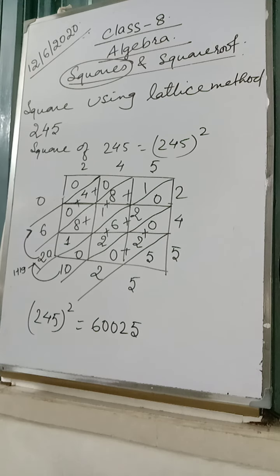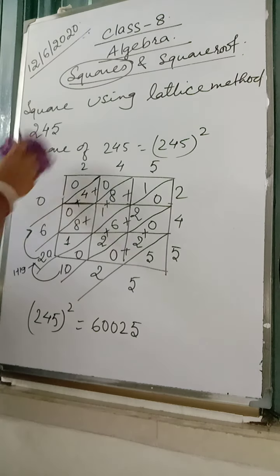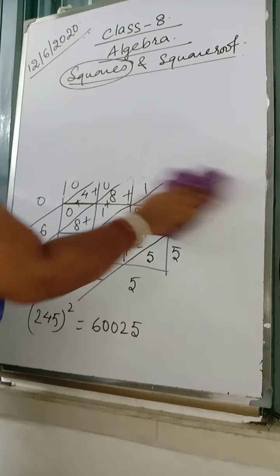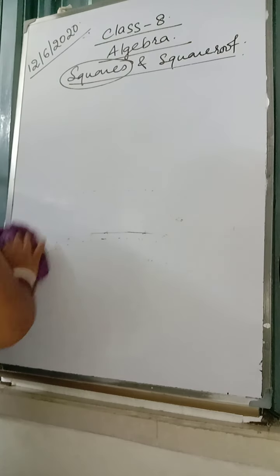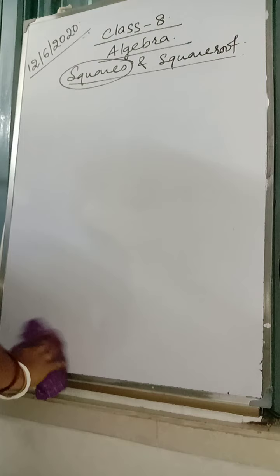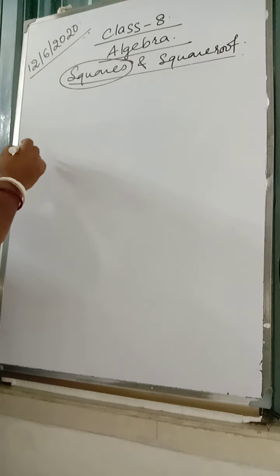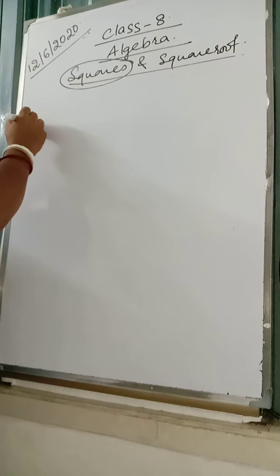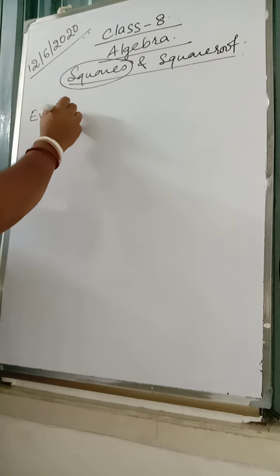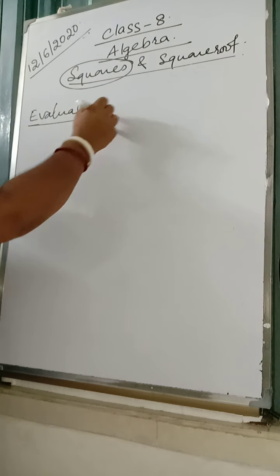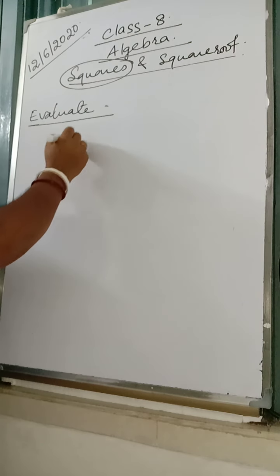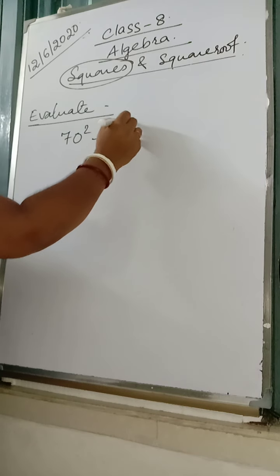The next we have, if it is, evaluate 70 square minus 60 square.